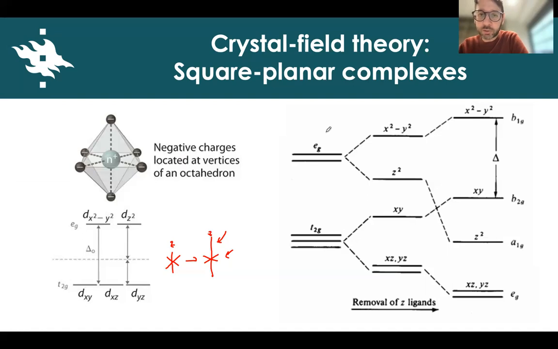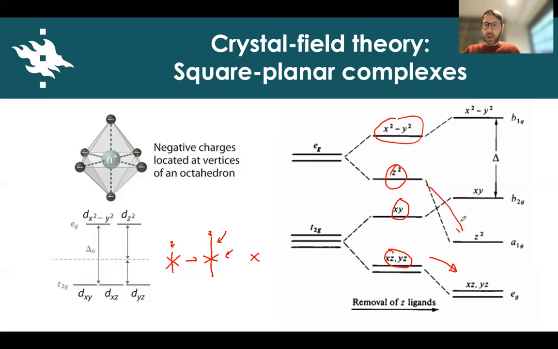So we have that the orbitals positioned along x and y will have their energy raised, while electrons positioned along the z and in between the z axis will have their energy lowered, until we stretch this so much that we completely remove the ligands in z, in which we have a further stabilization of the orbitals containing directions along the z-axis, while orbitals directly positioned along x and y have their energy increased.